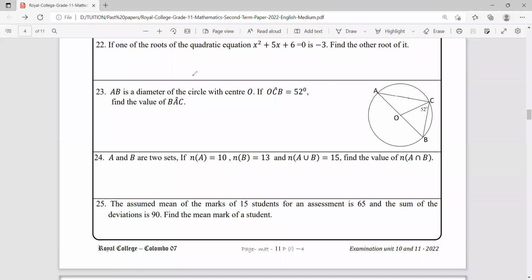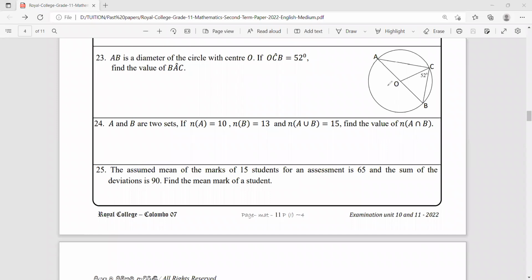So we'll do this one. AB is a diameter of the circle with center O. If angle OCB is 52, find angle BAC. This is the center, and you know that the angle in a semicircle is 90 degrees, and these are isosceles triangles, so these angles are equal, so you get 52 here. And this is 90, and you have to find this angle BAC.